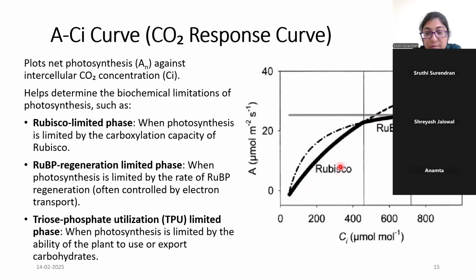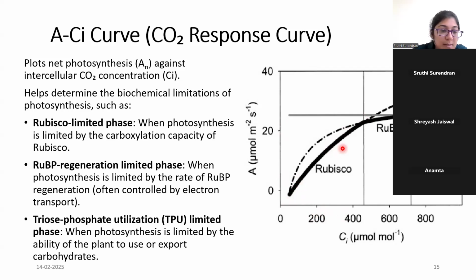Now, what is the use of all this? What do we get by knowing the slope or transition or asymptote? So this part of the curve where there is a steep increase, where with every value of carbon dioxide concentration the net assimilation is increasing at a fast rate, that is the slope.